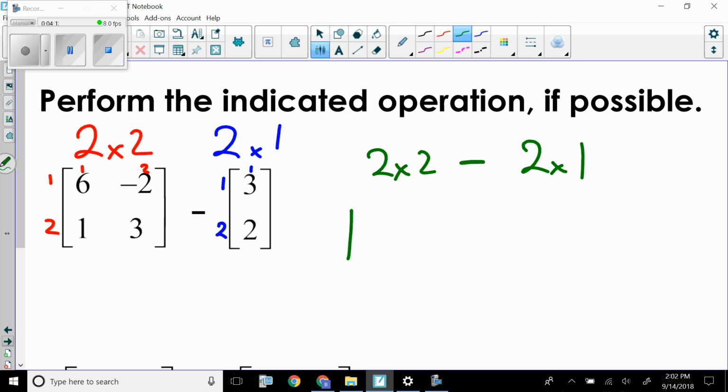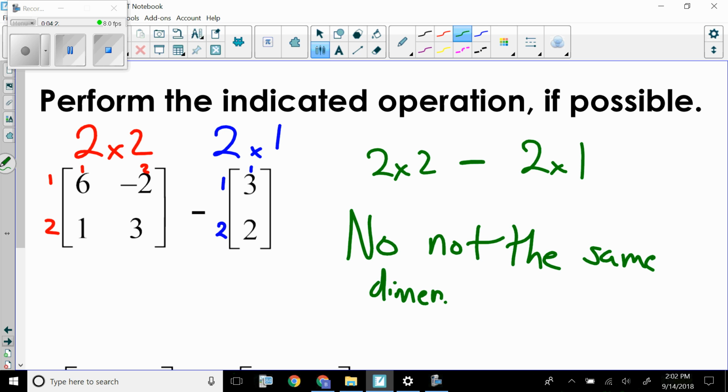Well, no. Not the same dimensions, thus not possible. That was easy. When they're not possible, it's easy. We just say not possible.